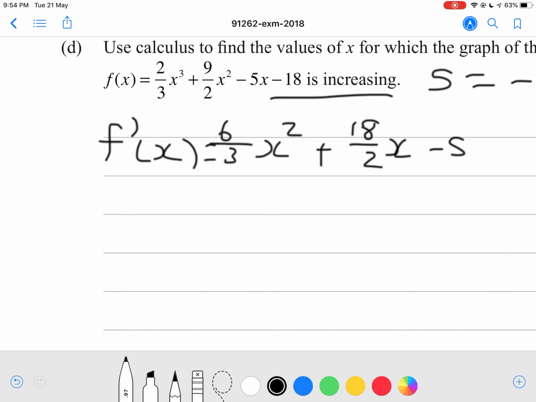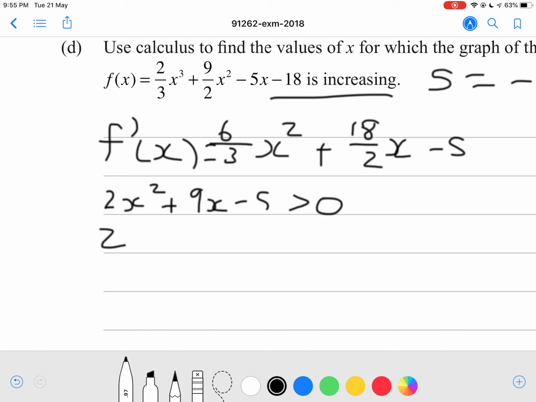So, basically, we say that the gradient is more than 0, okay? So, therefore, we're going to simplify this. We're going to say 2x squared plus 9x minus 5 is greater than 0, okay? So now we can factorize.